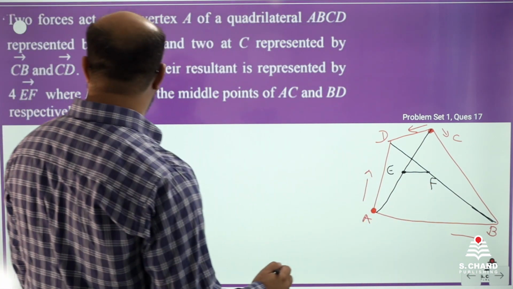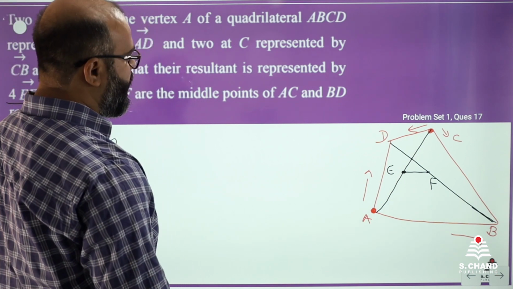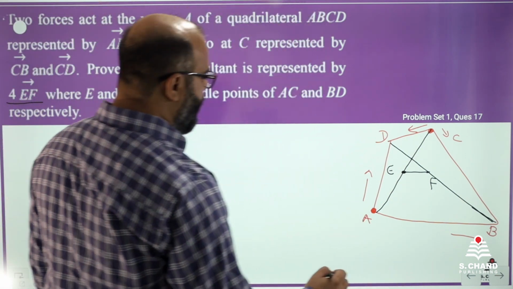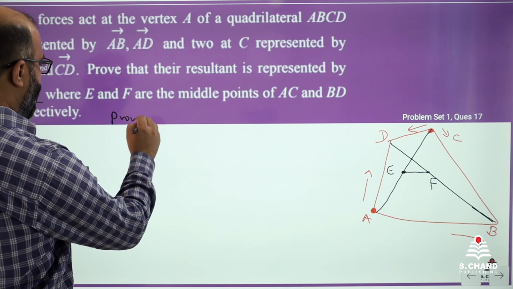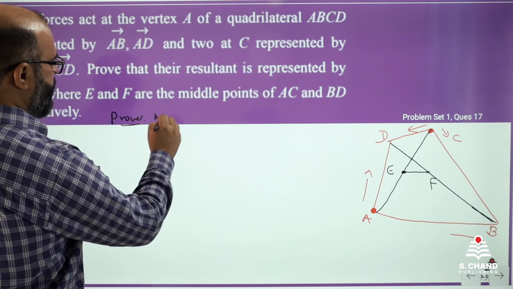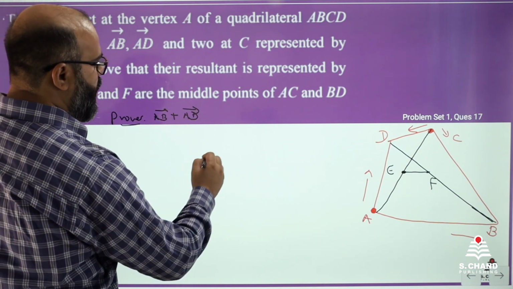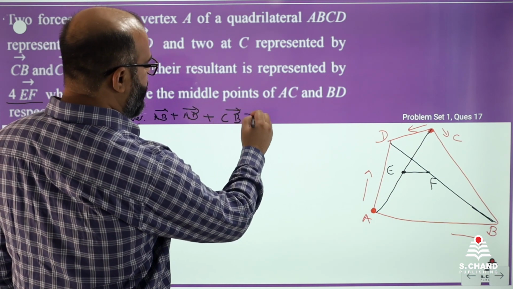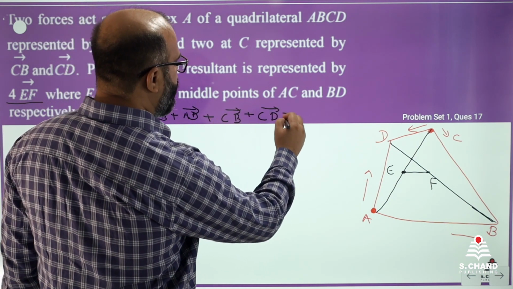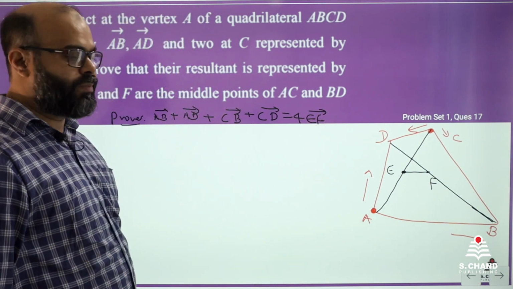So you have basically 4EF as the resultant. So you can say that you have to prove that AB plus AD and then plus CB plus CD is equal to 4EF. This is what we have to prove here.